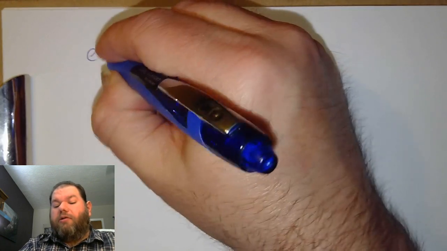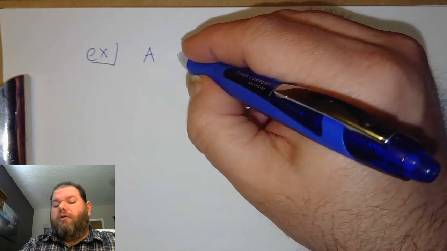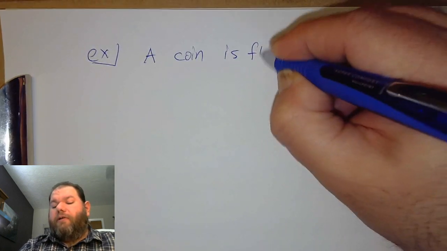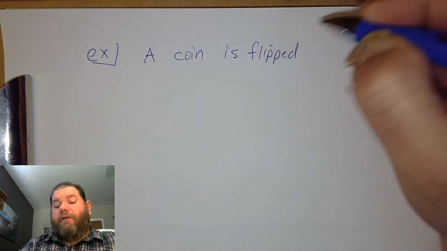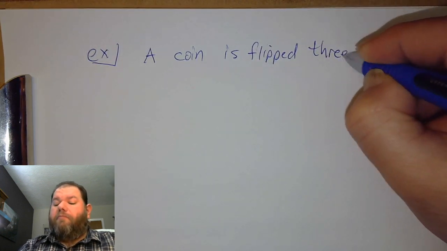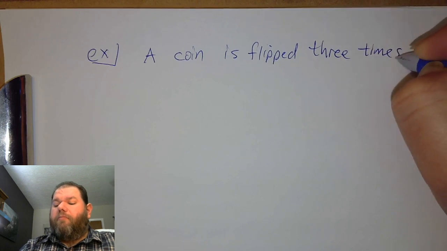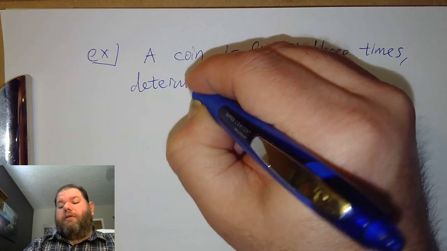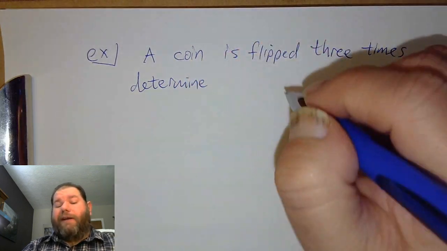Let's look at some actual examples just to do something different. A coin is flipped 3 times. Determine the sample space of outcomes and their probabilities.